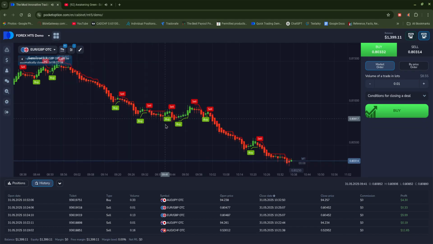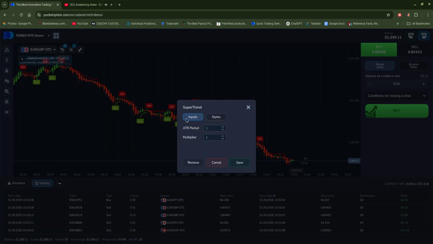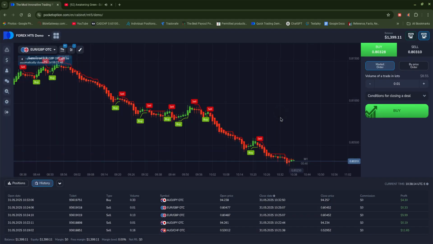It looked the same that time, but on some of the higher calculations it might not be the same on the Supertrend. On the one-to-one it might actually be the same, so you could try it. But on the higher settings on the Supertrend, it's calculated differently for the Heikin-Ashi.